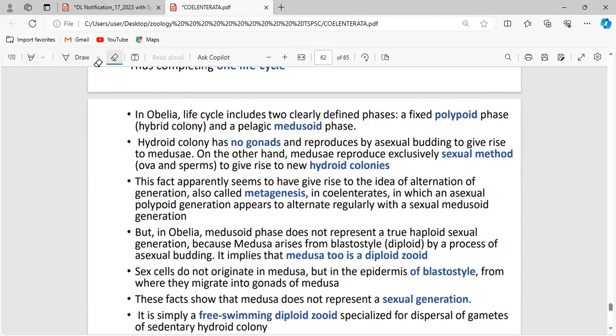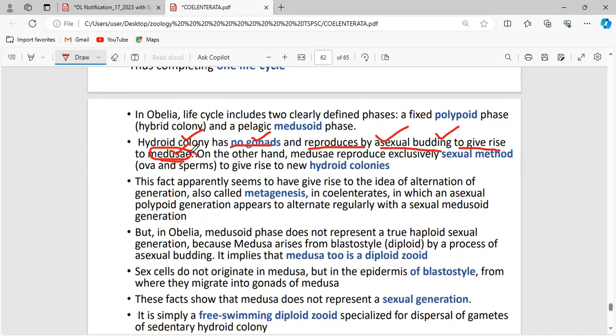In hydroid colonies, there is no structure called gonads, and it reproduces by asexual budding to give rise to the medusa. If there are no gonads, there is no possibility for sexual reproduction. So it reproduces by the asexual method, that too by budding, to give rise to the medusa.